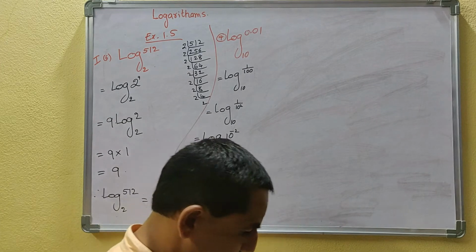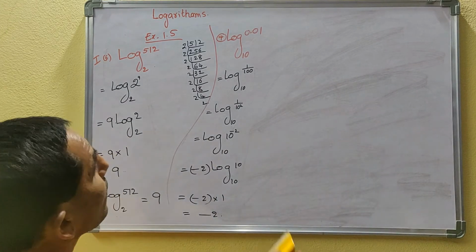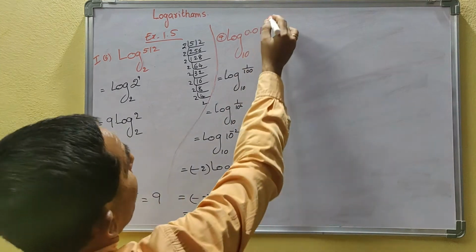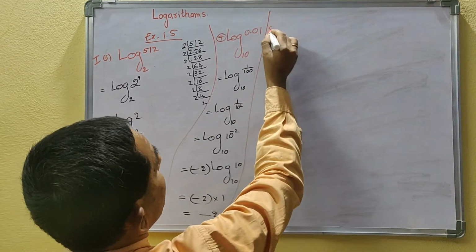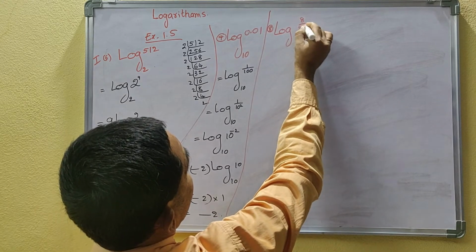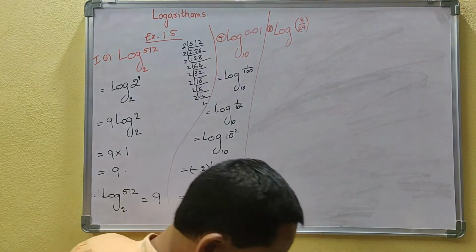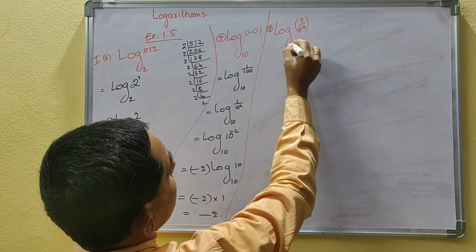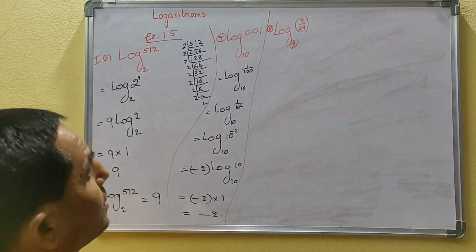Next question, question number 8. Here log 8 by 27 base 2 by 3. Base here 2 by 3. So very important it is also.